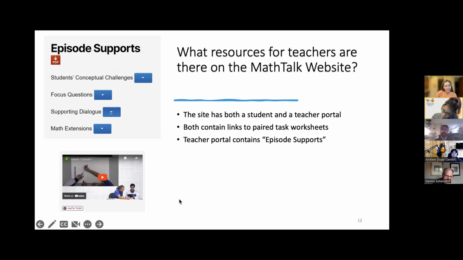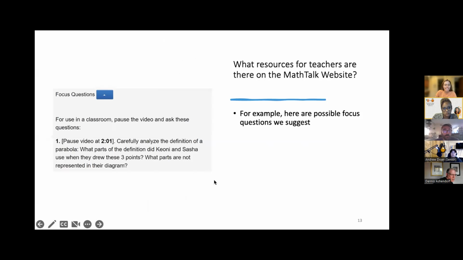And then specifically in the teacher portal, we also have something called episode supports. Some episode supports include student conceptual challenges, focus questions, supporting dialogue, and math extensions. Just to illustrate what one of those is, on our next slide, this is an example of possible focus questions.